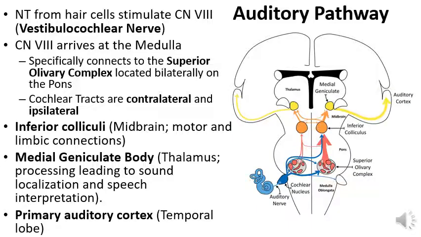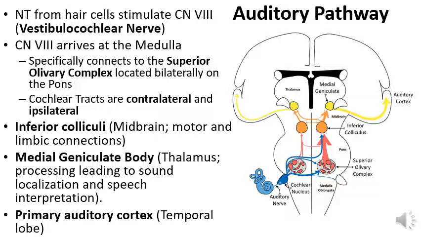And now for the details in conducting all this auditory information into the brain. We have the collected depolarizations and action potentials generated from hair cells in the organ of Corti, and those are collected within something called cranial nerve 8, also known as the vestibulocochlear nerve, also known as the auditory nerve, and sometimes known as the acoustic nerve.